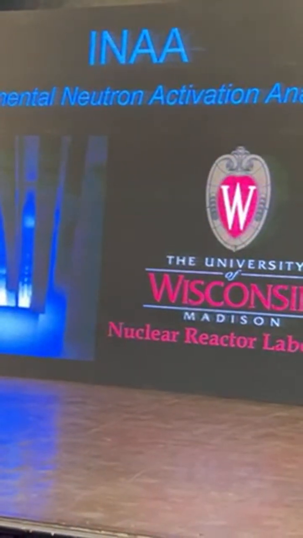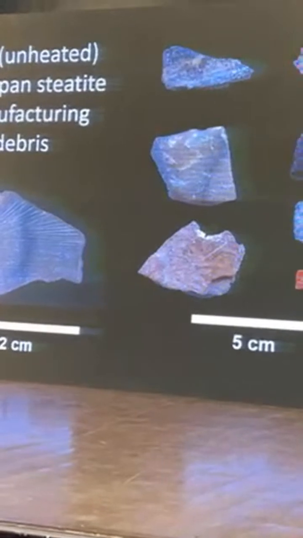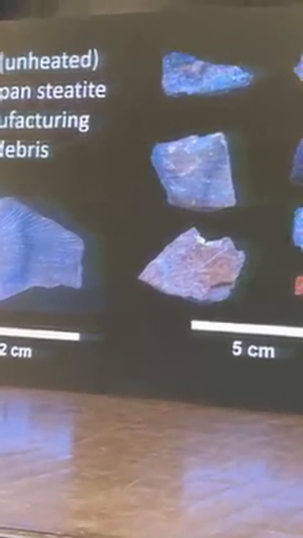These were analyzed by neutron activation at the University of Wisconsin-Madison. I studied raw, unheated debris left behind in some sites, and I studied the beads themselves with a special data set that we recently developed.